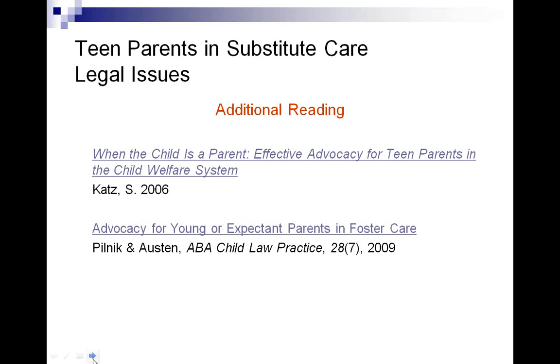And I really hope that, more important than the what-can-you-do slides I have here, is that you think about, in your role and in your jurisdiction, how are you handling this? And are you meeting the law? And are you really respecting the youth and their new role as parents and all those responsibilities and rights that are inherent there?